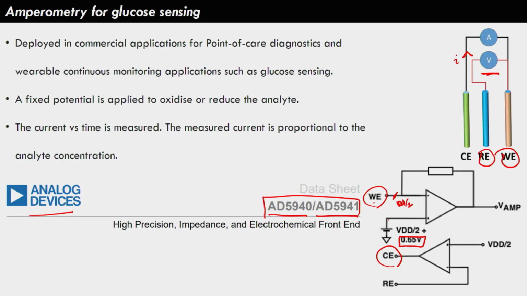If you wish, you can also make a much smaller potentiostat. This is an evaluation board of the AD5940. It has the AD5940 chip, and this actually has the functionality of a potentiostat.